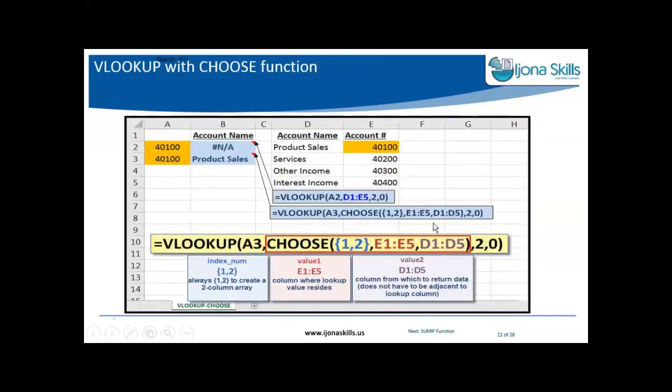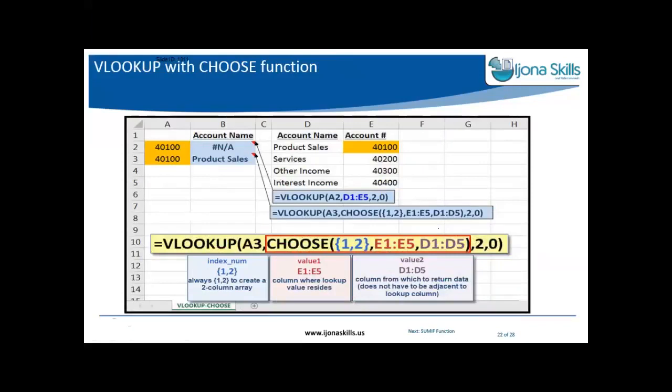Now, if you particularly wanted to look up data from the left, you can use VLOOKUP to do that if you use the choose function. And this will just show you what's possible when we really start pushing the boundaries of Excel. We can use the choose function inside VLOOKUP to virtualize our data ranges and flip them around.